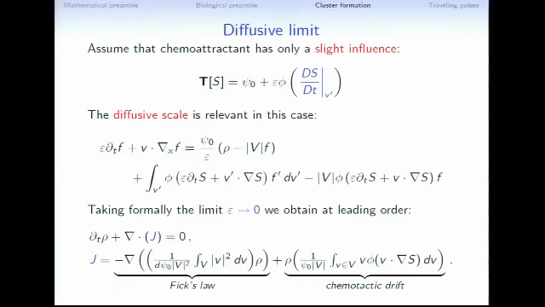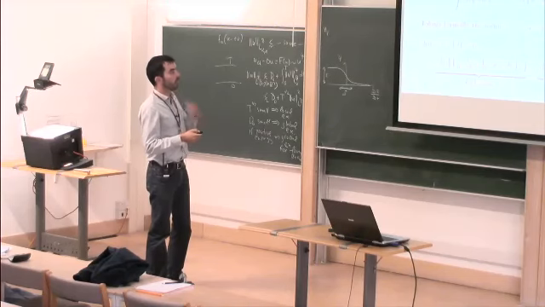This is to say that this amplitude here is very small. So in this case, which I will discuss later, you expect some kind of drift diffusion equation in the macroscopic limit. It has been discussed already in previous talks.